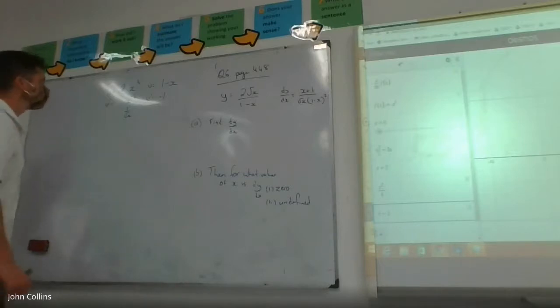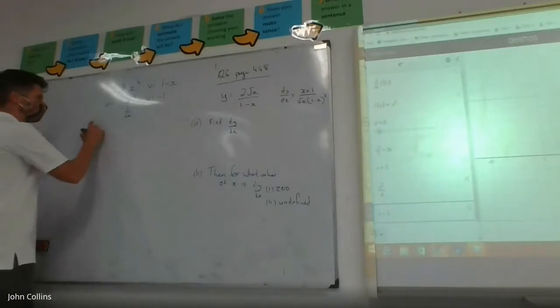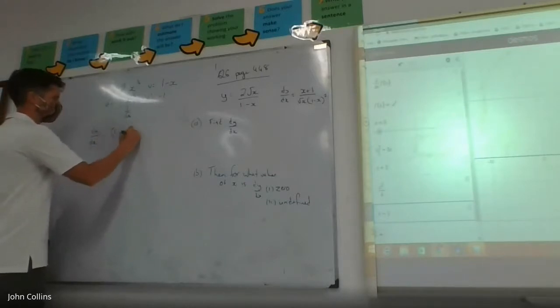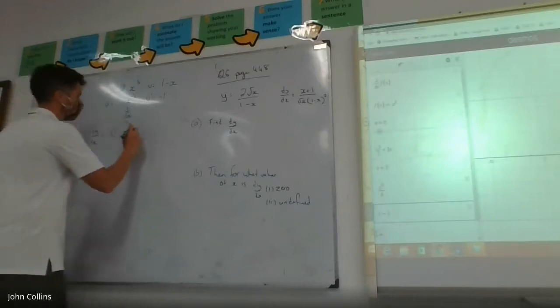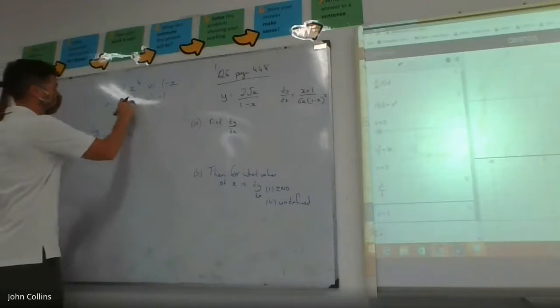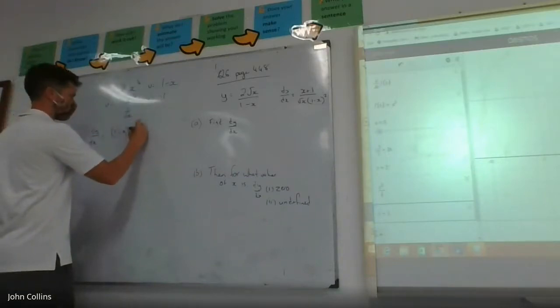So it's b first. I'm doing the derivative now, putting these together. D is 1 minus x times the derivative of u. Now you give me the derivative of v. I'm going to stick with x to the minus a half for now.